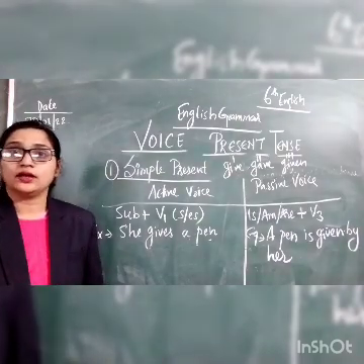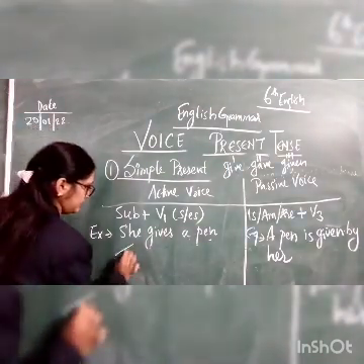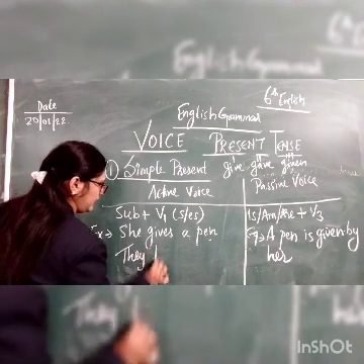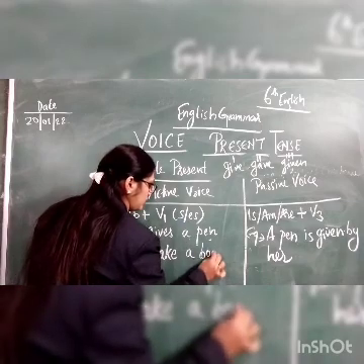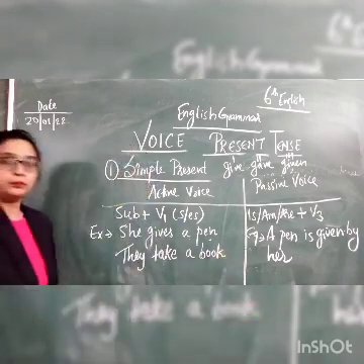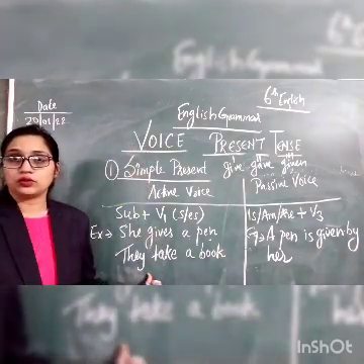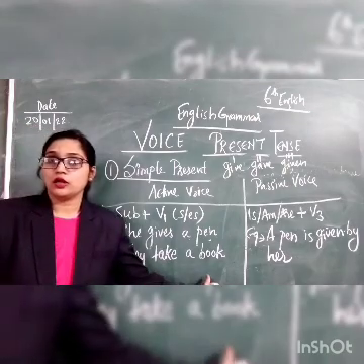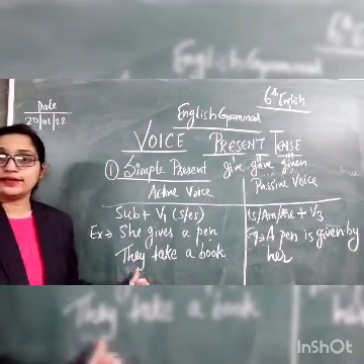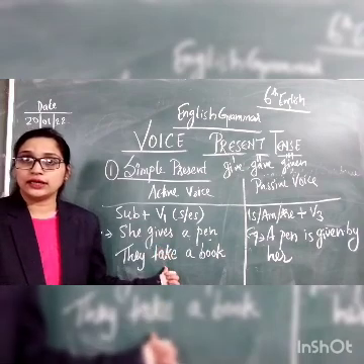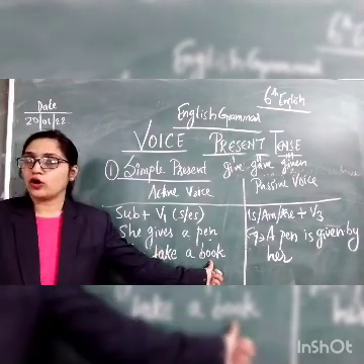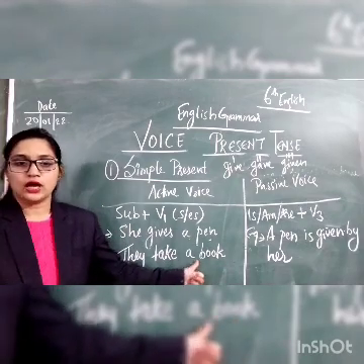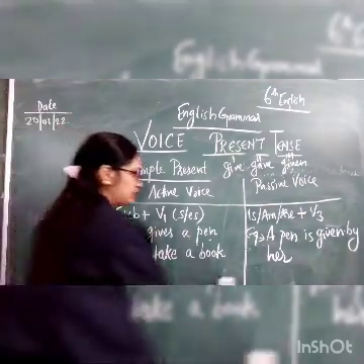Another example is they take a book. Okay, they take a book. Here they is the subject, take is verb first form, a book is an object. Now we have to change this into passive form.